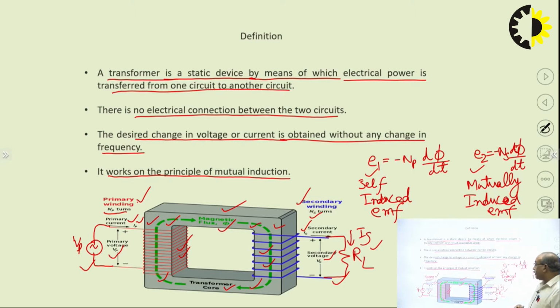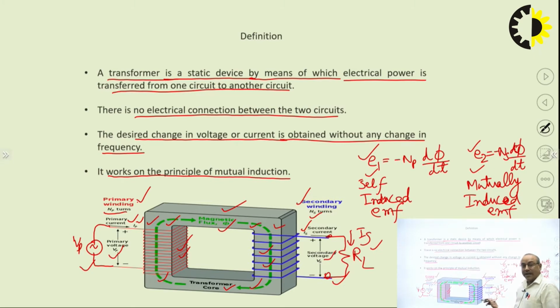Another thing: if I keep the secondary side open circuit, if I do not connect any load resistance here, what will be the outcome? Induced EMF will still be there on the secondary side, as per the equation we have already seen, but no induced current will be there on the secondary side due to the open circuit.